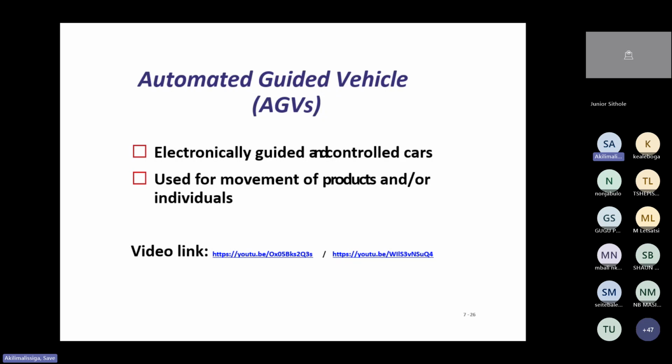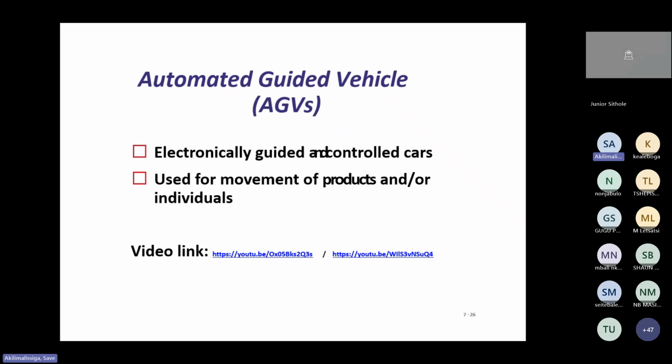So it could be an automated car helping employees move from one point to another, or transporting items within a working environment from one location to another, especially based on the operator's or the employee's requirement, because these cars are not just going to move for the sake of moving just because they are automated machines.